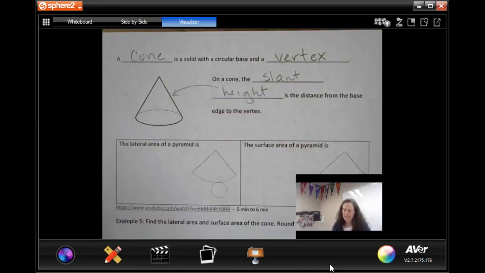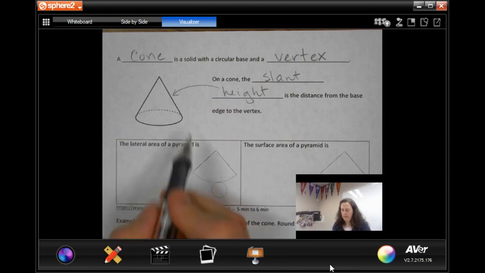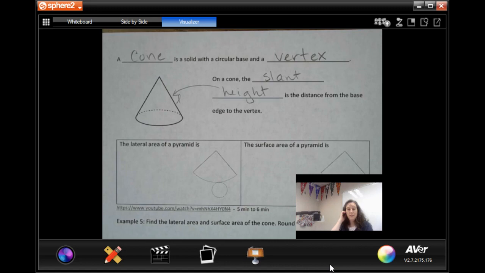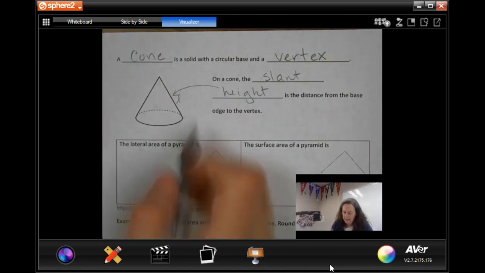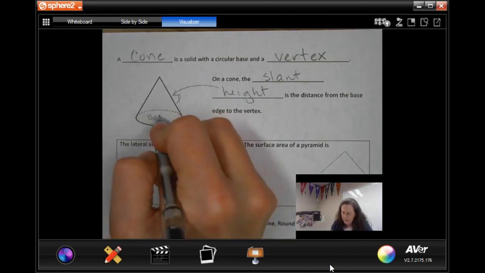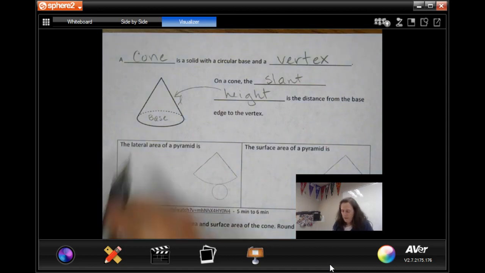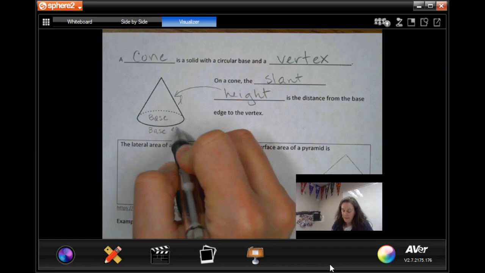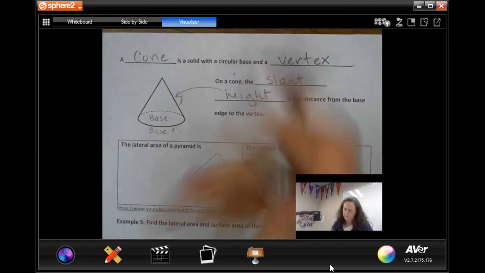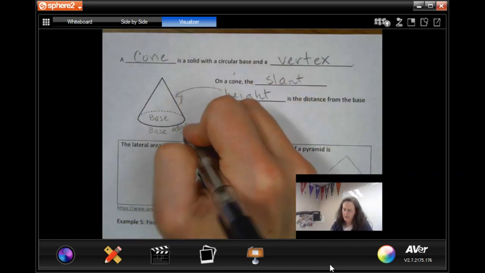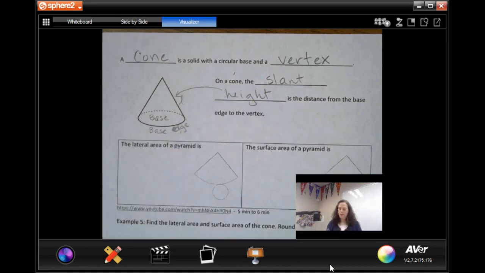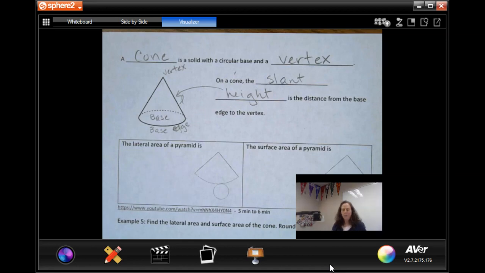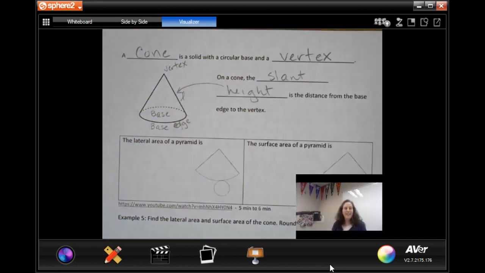So it could be that line right there going from the base up to the vertex. And we'll still use that cursive L to describe that. The base down here is that circle in the middle, and the base edge is where it connects to the lateral side. Okay. All right. So this was the vertex. All these little vocabulary words you get to work with.